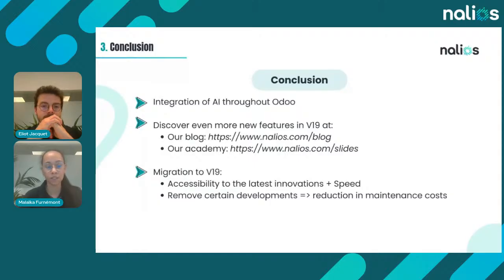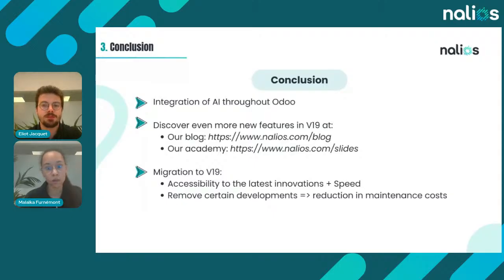And regarding the migration to Odoo V19, of course, we recommend you to migrate. It will enable you to access all the latest innovations of V19, and also it will improve the speed of your database.